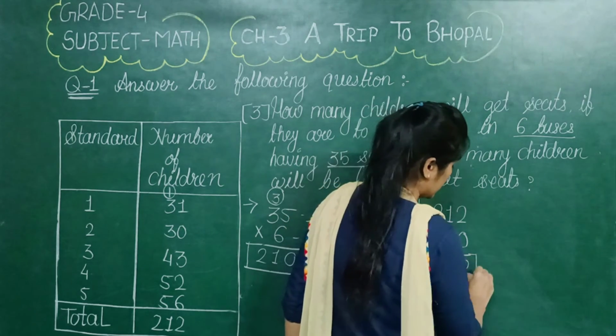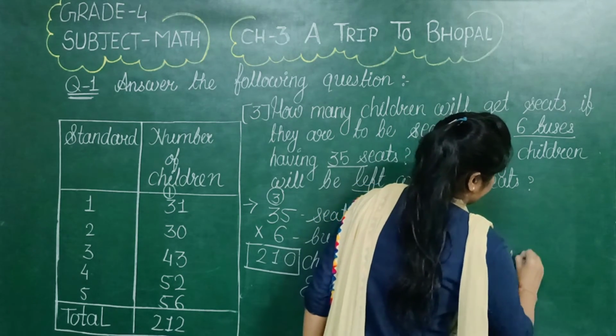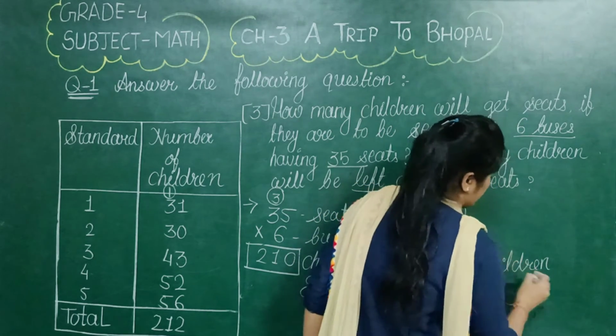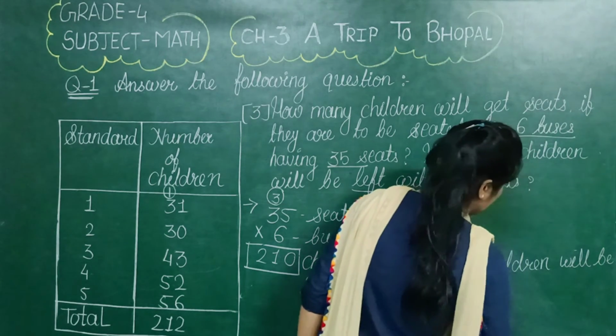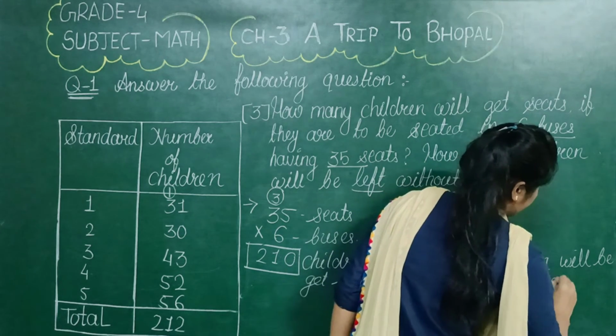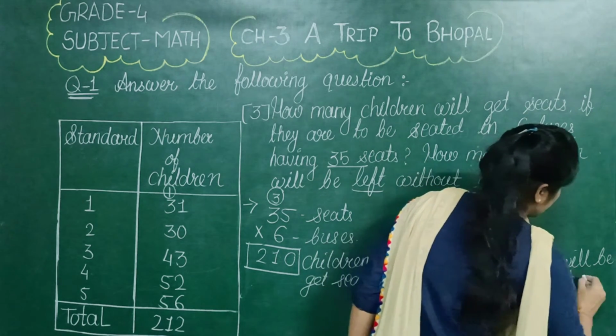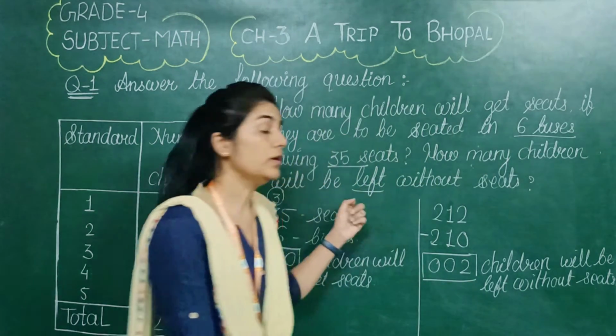So this 2 is our answer. That means 2 children will be left without seats. This is our answer of this question number 3.